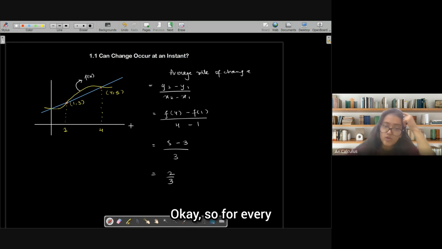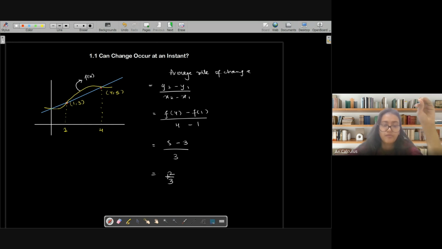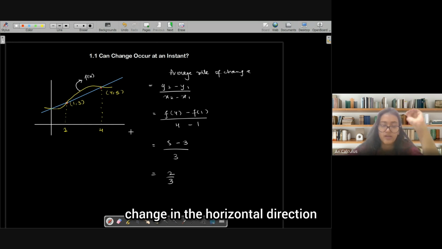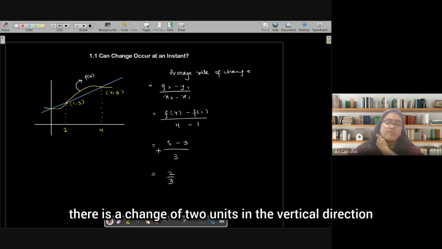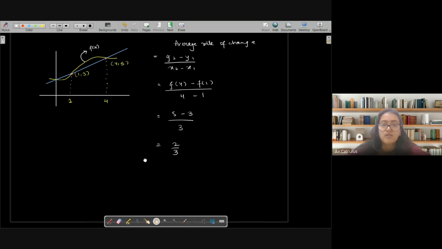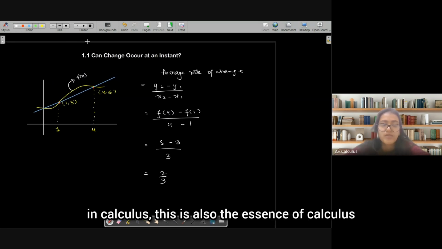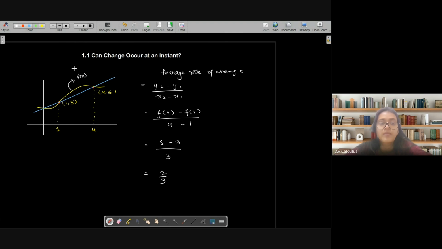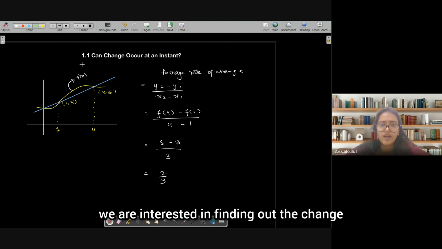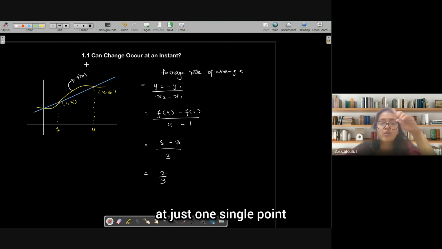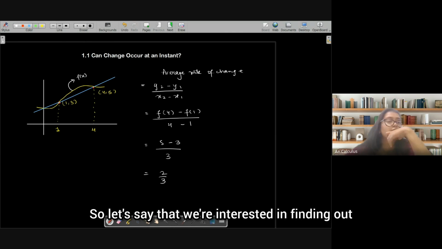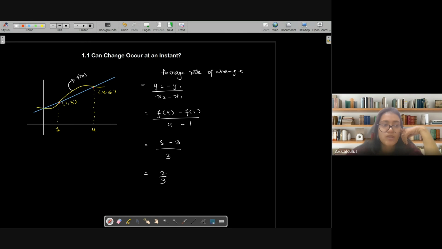So for every 3 units of change in the horizontal direction, there is a change of 2 units in the vertical direction. Now, in calculus, this is the essence of calculus: we are interested in finding out the change at just one single point. So let's say we are interested in finding out the change which is happening at this point.